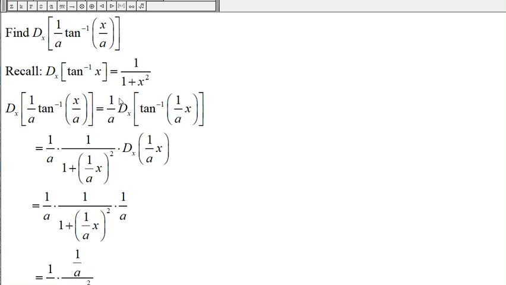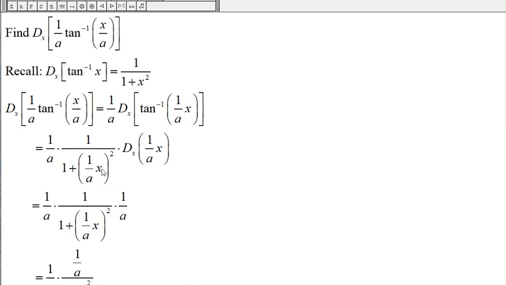So once again, the derivative of tangent inverse of x is 1 over 1 plus x squared. But here we want the derivative of tangent inverse of 1 over a times x. And so in the place of x, we would have 1 over a times x.